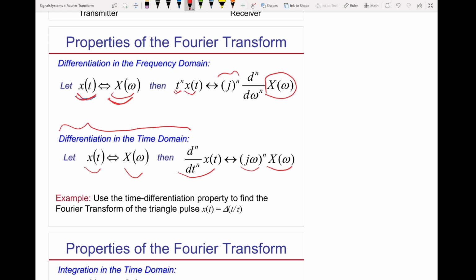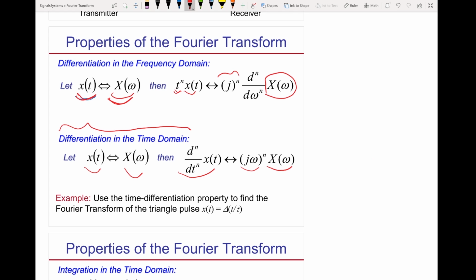Similar to the Laplace property, where you multiply by s to the n times X of s, where s is just j omega in the Fourier transform. We use this property when we convert a differential equation from the time domain to the Laplace domain, or in the frequency domain it will be j omega to the power of n X of omega plus initial terms and so forth.